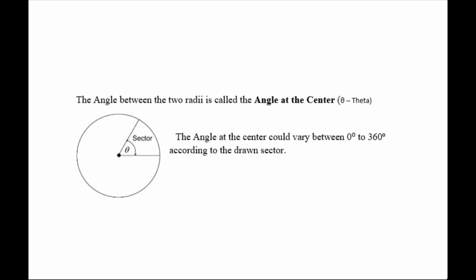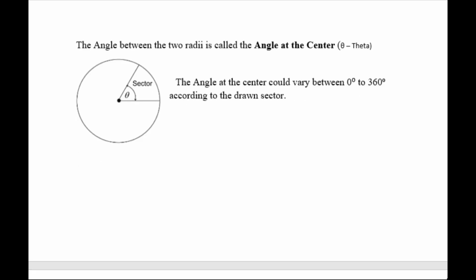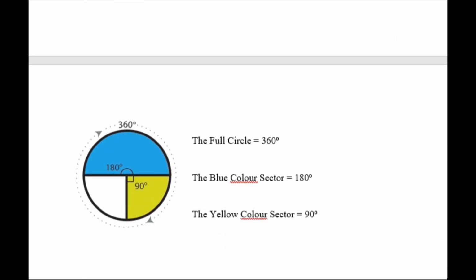So theta sign is also given on this, and depending on the size of the sector that you have drawn, the angle at the center may vary from 0 degrees to 360 degrees. In case you did not understand how the angle of the degree changes with the size of the sector that you draw, I can explain you further on that as well.